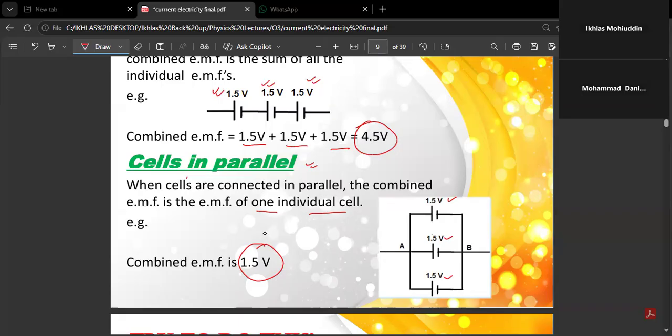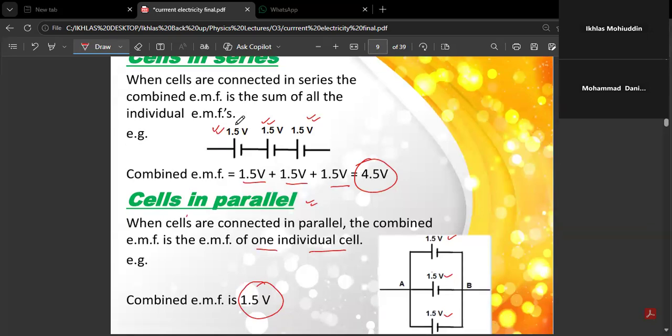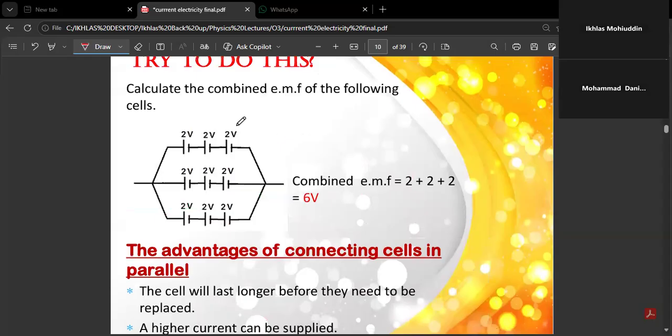We just know the EMF of an individual cell, which will be equal to the combined EMF, right? So this is how we can connect cells in series and in parallel. We need to know how these cells are connected in these particular combinations, right? So try to do this.